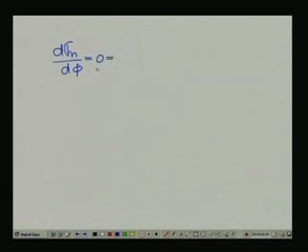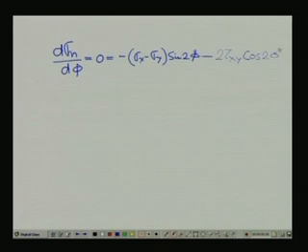0. If we equate it to 0, then we get minus (sigma x minus sigma y) sin 2 phi minus 2 tau x y cos 2 phi equals 0.